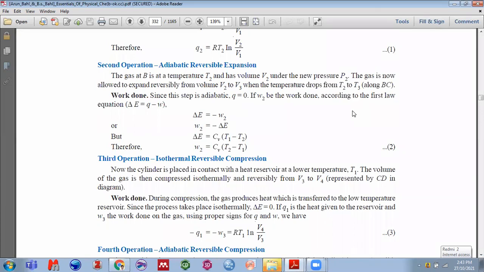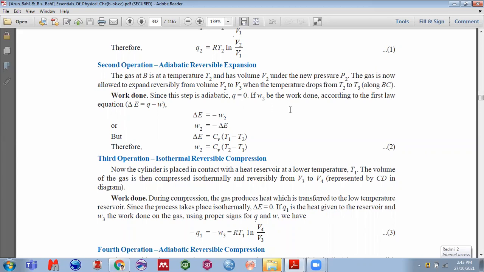The gas is allowed to expand reversibly from volume V2 to V3 when the temperature drops from T2 to T1 along BC. T1 lower temperature. Since this step is adiabatic, that is dq equal to 0.